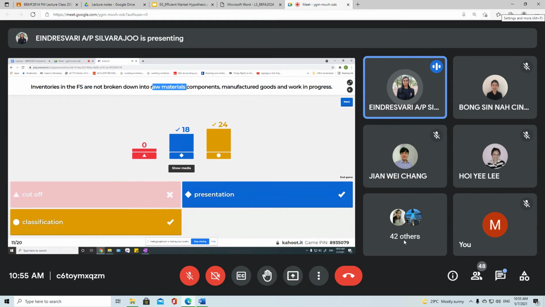Because for raw material, you will need to specify raw material, finished goods, and work in progress.